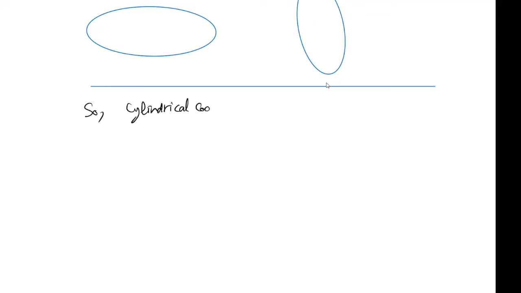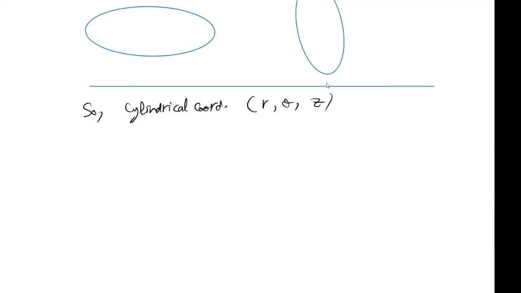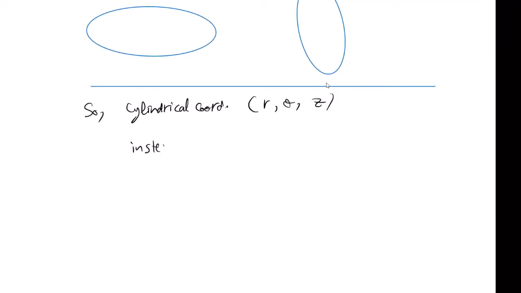So what is the idea of cylindrical coordinates, everyone? Cylindrical coordinates are simply r, theta, z, instead of rectangular coordinates x, y, and z.